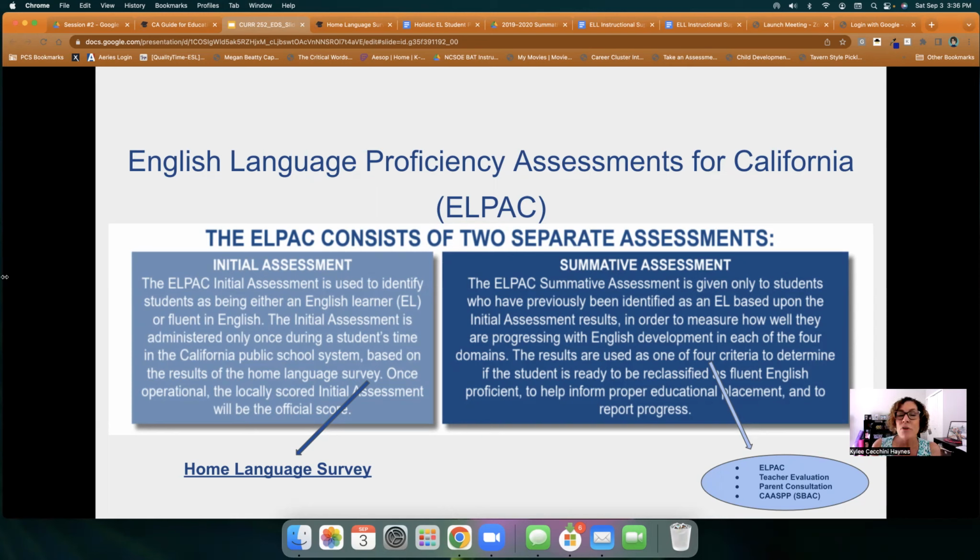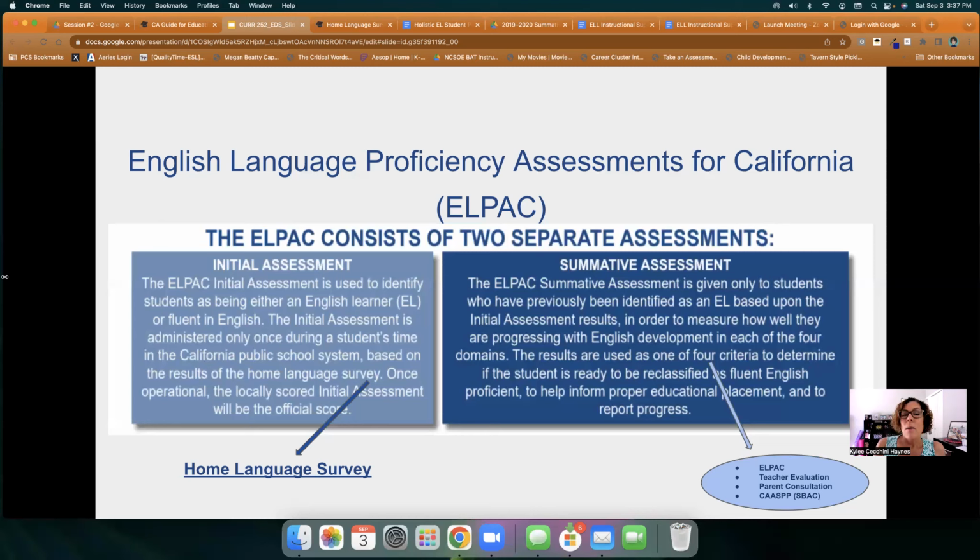And then every year, they will also be taking the summative assessment, the LPAC summative assessment. That's given in the spring to see where they are in their language development as they are receiving English language development support, okay? And when a student shows proficiency at grade level, they are then redesignated fluent English proficient, okay?